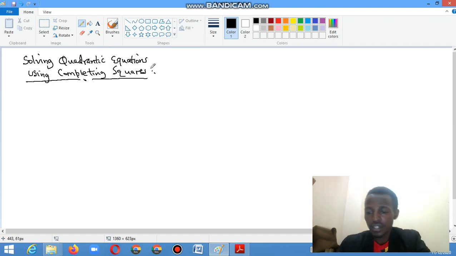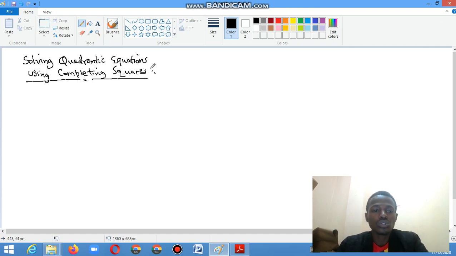I like this method because it helps us to solve very many other things, because we can use completing squares to prove many things. One, it can help us in solving quadratic equations, as the one we are going to see.